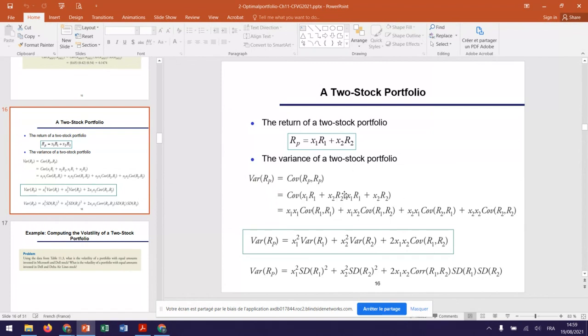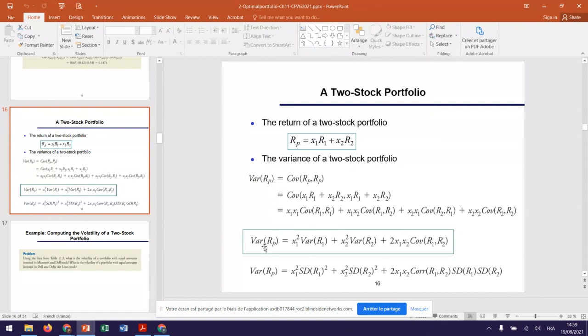And then I have the formula, probably the one you're going to use a lot in your exam.